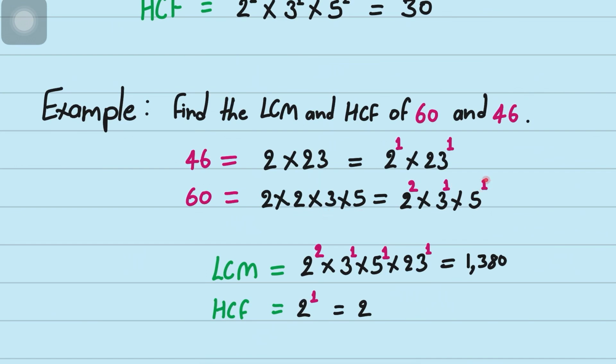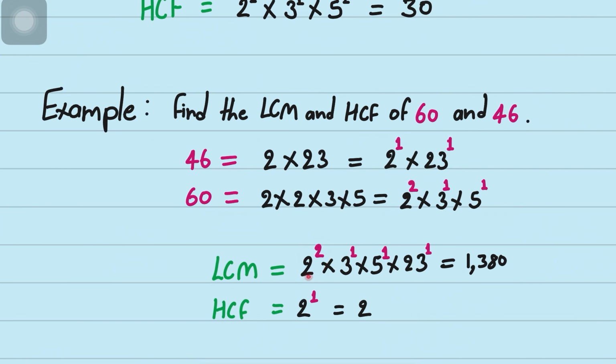Now, as the rule goes, for the LCM, take all the prime factors with their highest power. For 2, the highest power is 2, so we take 2 to the power 2.